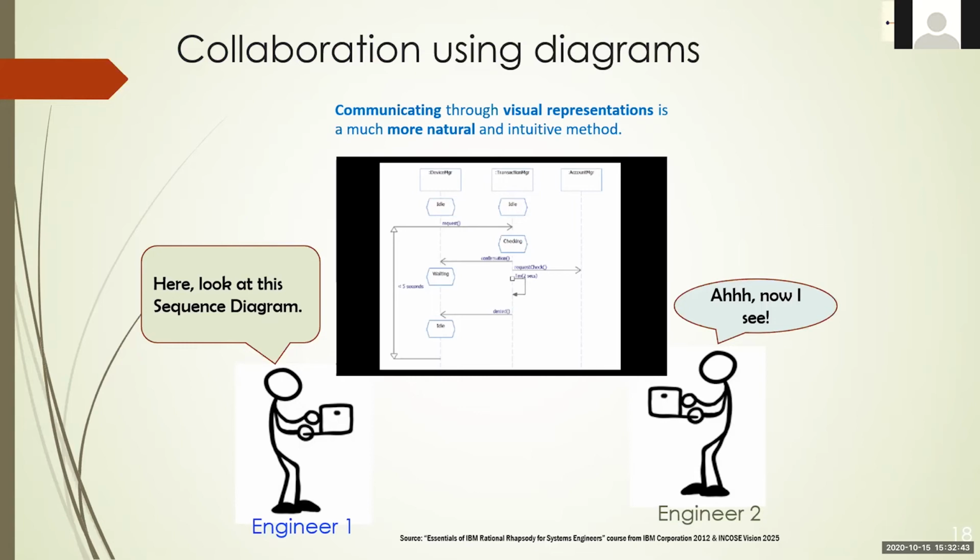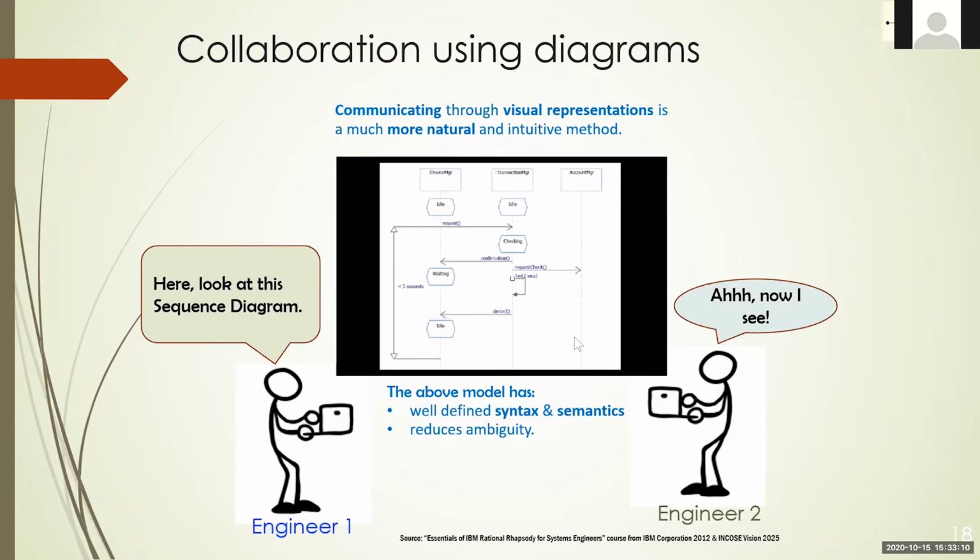So this person can say, oh, now I see it, if and only if he knows the syntax and semantics of the diagram. If he or she has been trained on using these models and knows the syntax and semantics, now they say, oh, now it's very clear.